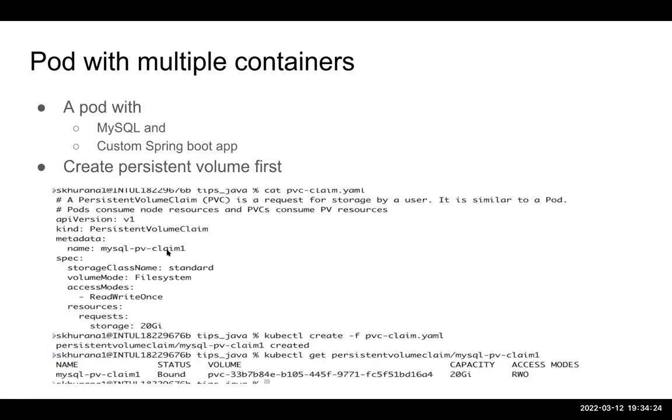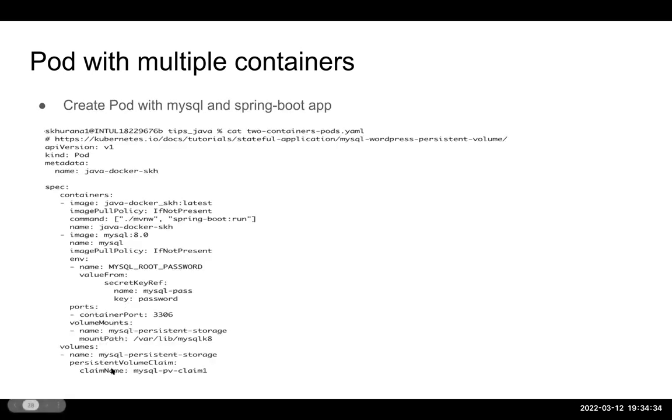There I have specified the storage and access and all those things, right? Now, class name, volume mode of file system and everything. So this is the claim name, and this becomes my volume, and it should be mounted on the path I've given, like the MySQL directory. This is where you mount, in the container, correct?